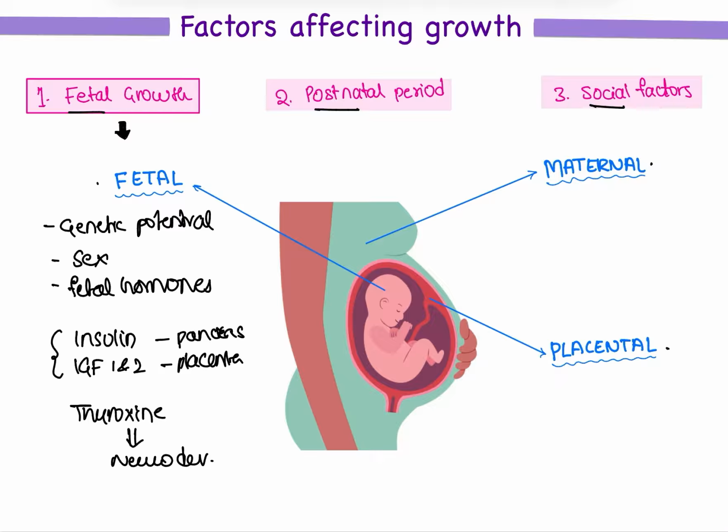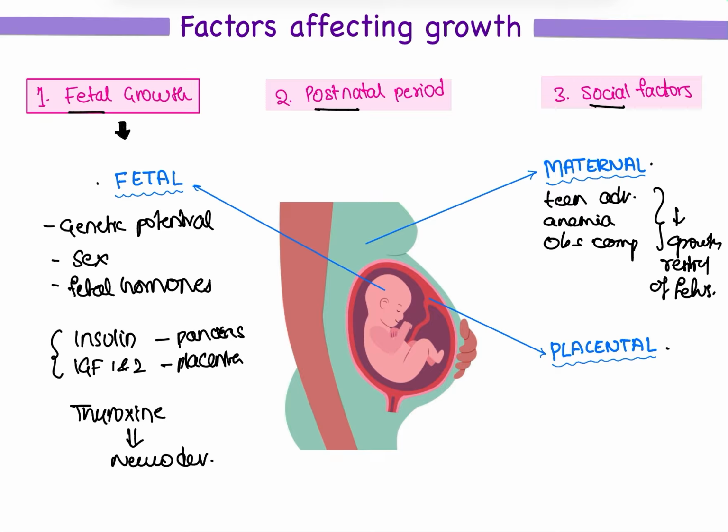The maternal factors like teenage pregnancy or advanced age, anemia, obstetric complications like eclampsia, preeclampsia, pregnancy-induced hypertension. These all result in growth restriction of fetus.